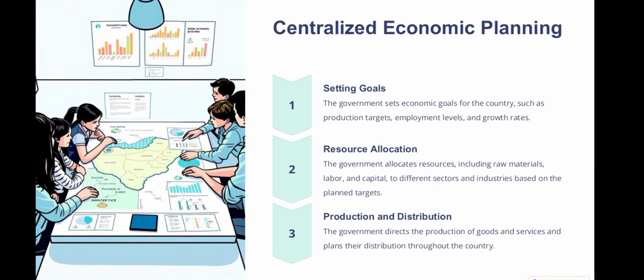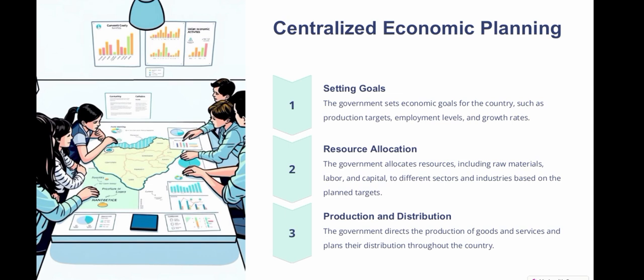The government allocates resources, including raw material, labor and capital, to different sectors based on the planned targets. The government can provide raw material, labor and capital to industry.